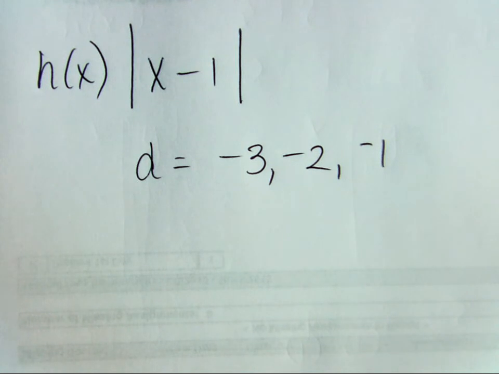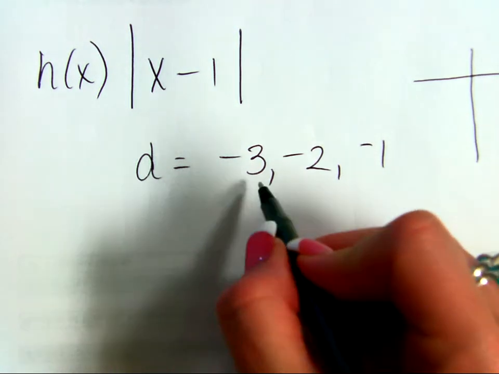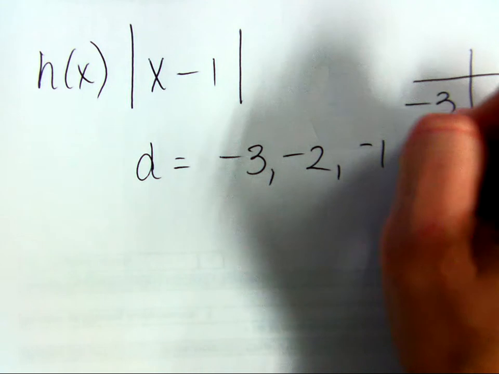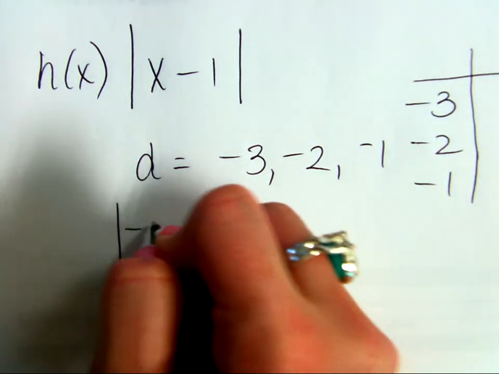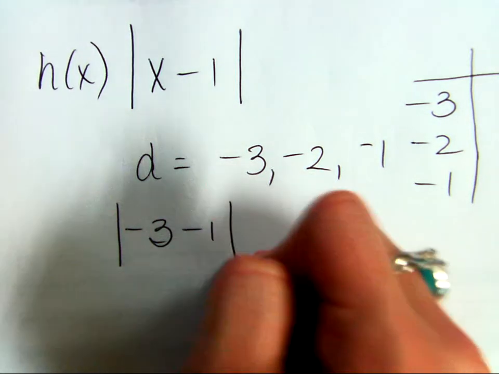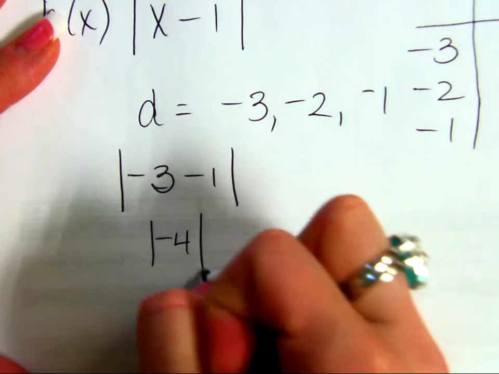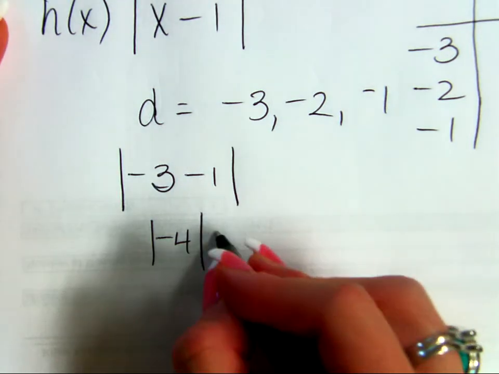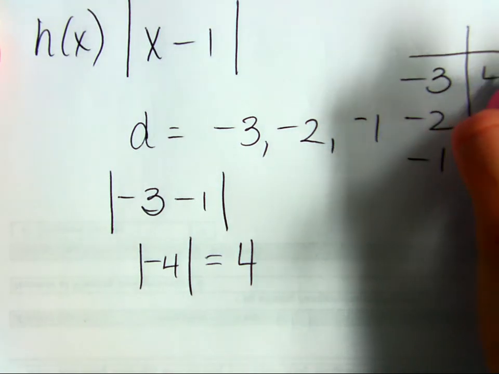So, according to my domain, do I see that it has to be greater than or less than? Am I going to have any arrows on my graph? No? -3, -2, -1. So I'm going to put -3 here, subtract 1 from it, but be careful. The answer to that is not -4. It's the absolute value of -4, right? And the absolute value of -4 is +4. So a +4 goes here.